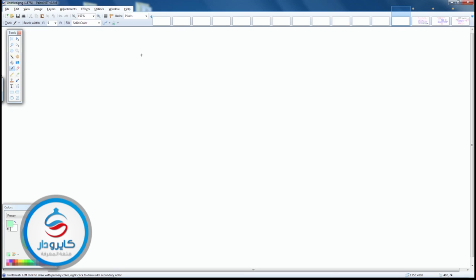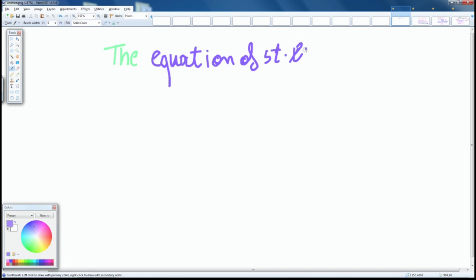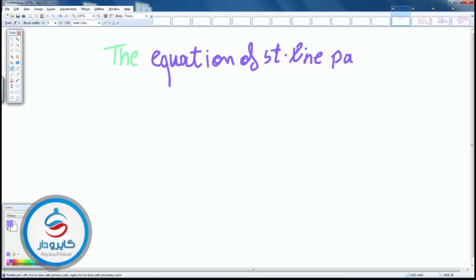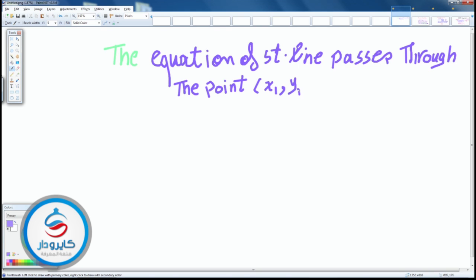Finally, before we go to the exercises, we have to remember together the equation of a straight line that passes through the point x1 and y1 and its slope equals m.